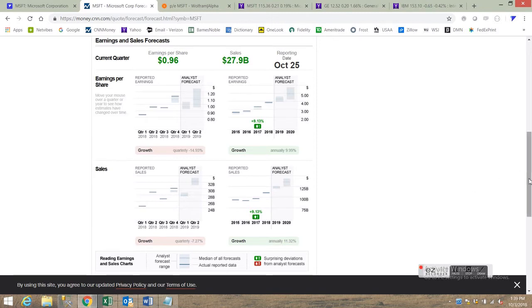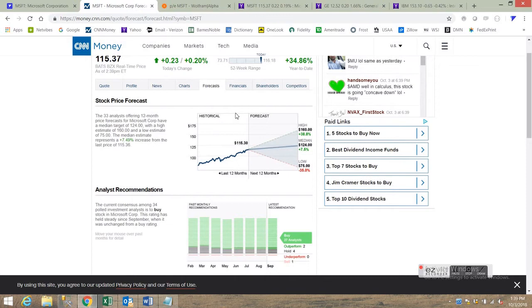Scrolling up real quick, it's interesting that on this site with 33 analysts, the spread of these analysts' projections for the future is quite wide, from 160 down to 75. That's why taking the advice of analysts is not worth much; when you have a range from 75 to 160, you might as well just roll the dice and see where you end up.